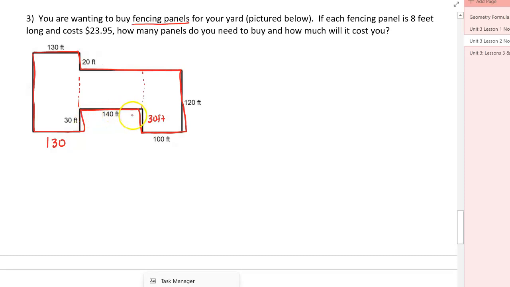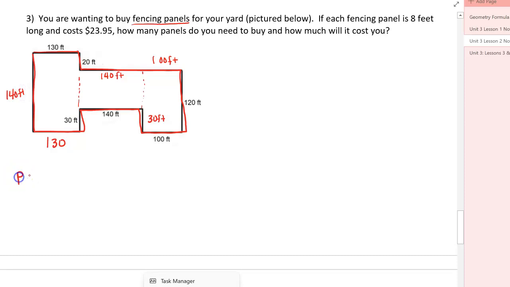And if this is 140 feet, then this would be 140 feet. And let's see, if this is 100, this up here would also be 100 feet. And then this side over here would be 120 plus that 20, which would give you 140 feet. I think that's all the sides we need.